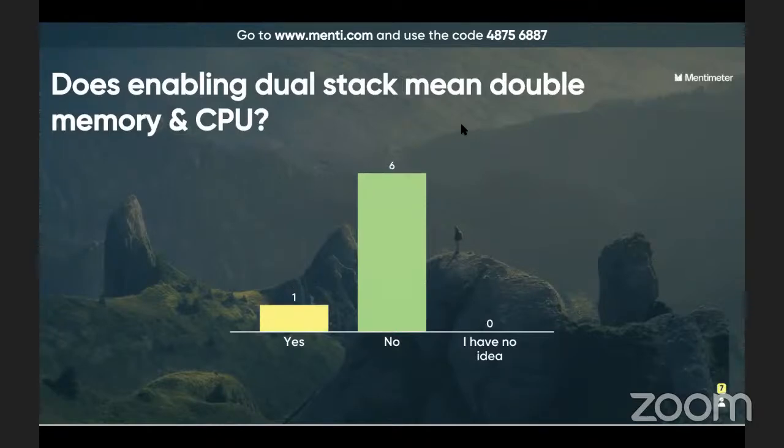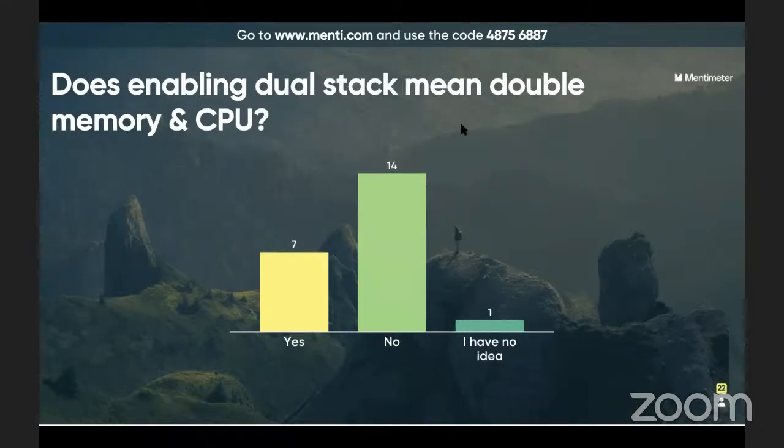So I see one yes. Will the yes catch up to the no? So you have your router, you have your Windows device, your Linux box, and you enable DualStack.